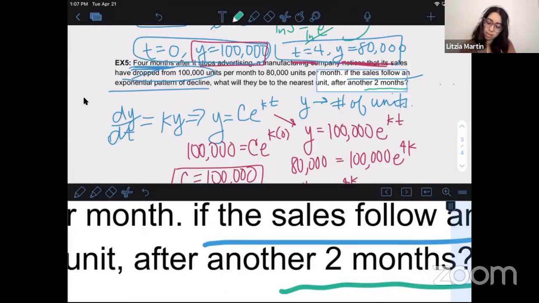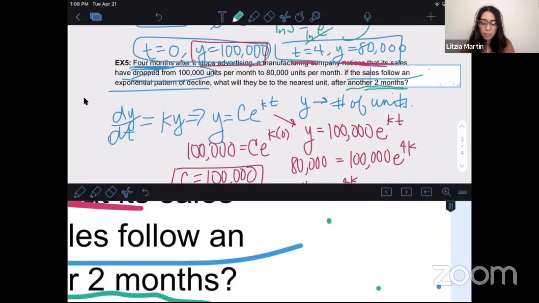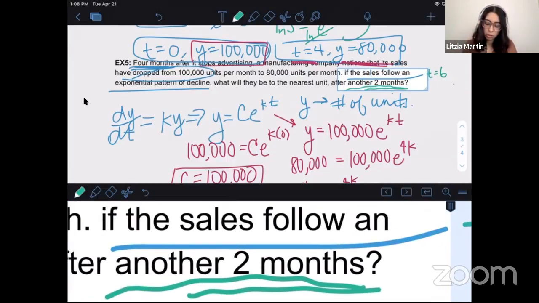So am I going to plug in 2 for t? I'm going to plug in 6 because we've already had 4 months go by. Now we want to know after another 2 months, how many units are we going to have? So that keyword is another 2 months, right?